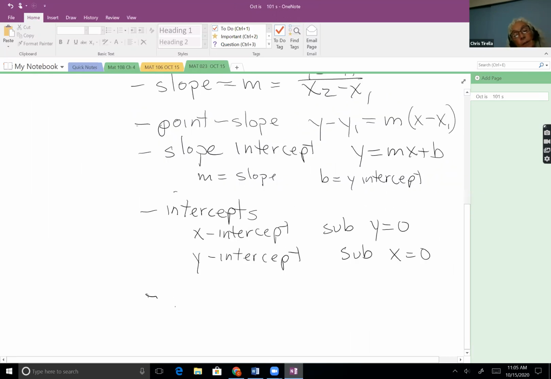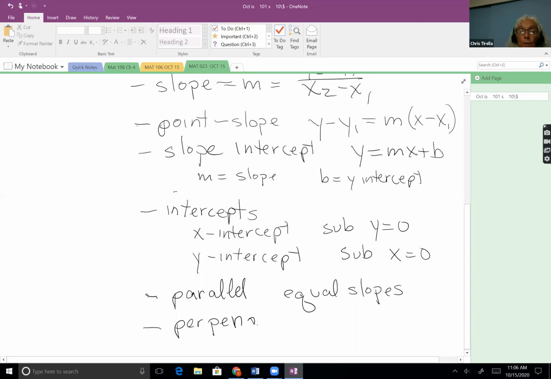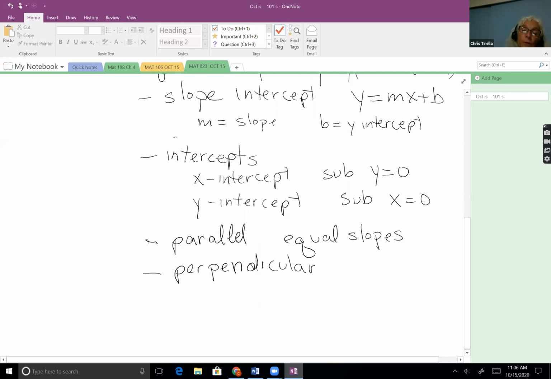And other things that you need to know is if lines are parallel, they have equal slopes. If lines are perpendicular, the slopes are negative reciprocals.